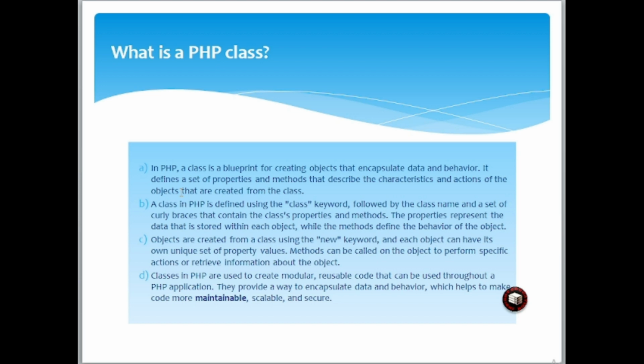Classes in PHP are used to create modular code that can be reused throughout a PHP application. They provide a way to encapsulate data and behavior, which helps to make code more maintainable, scalable, and secure.